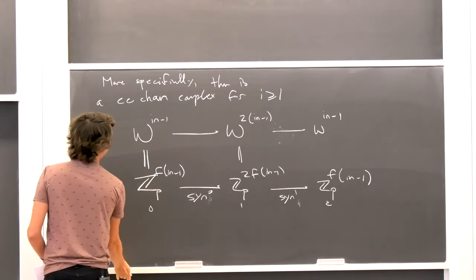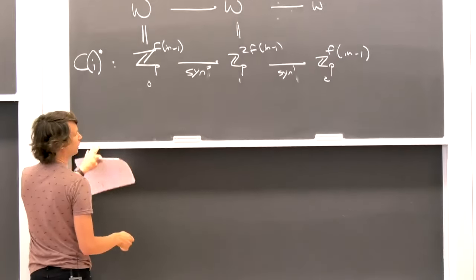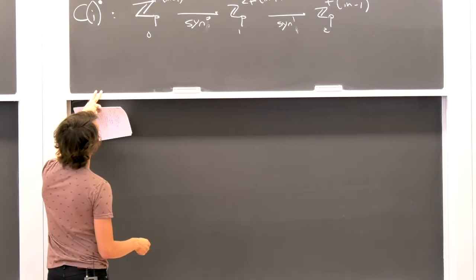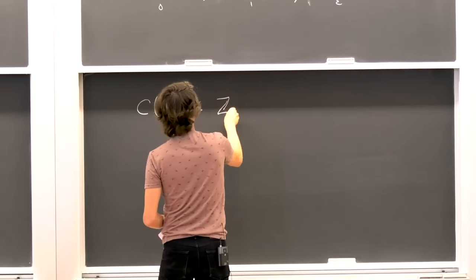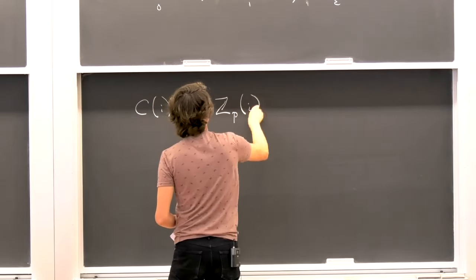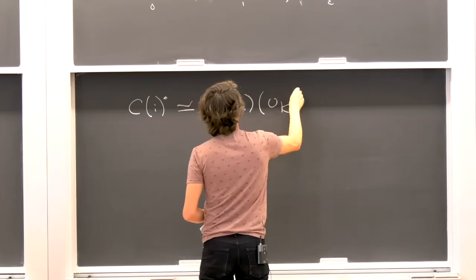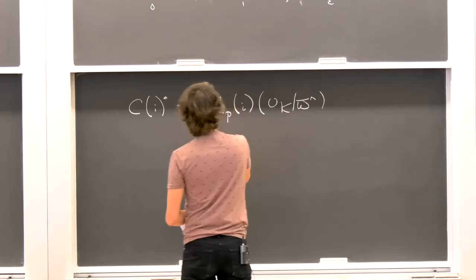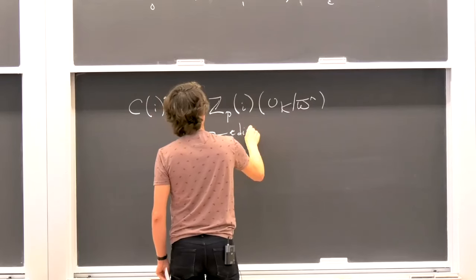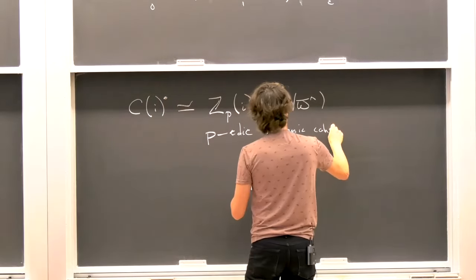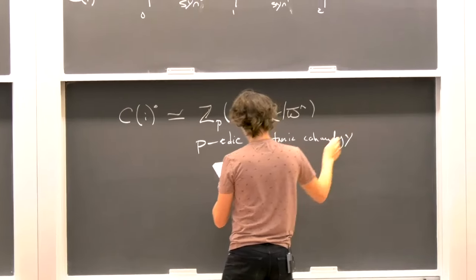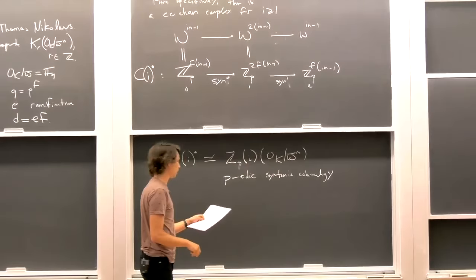And the real content of the theorem is that C^i bullet is equivalent to what's called the prismatic syntomic cohomology, which I'll define a little bit later.